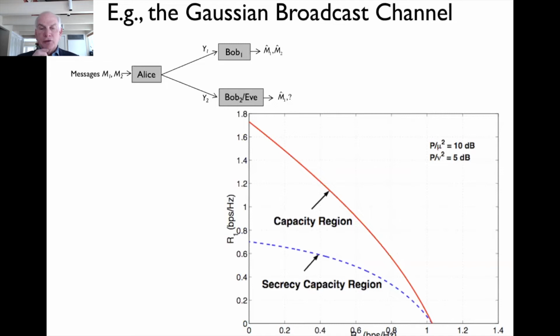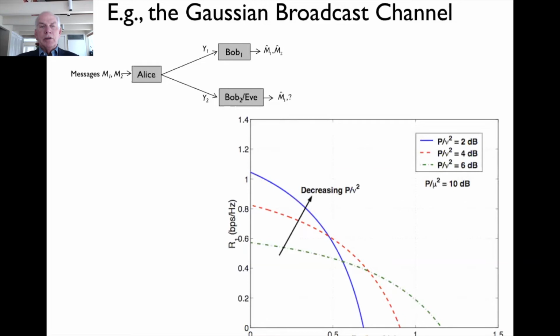Now, that tells us the picture for this particular snapshot of signal-to-noise ratios. Suppose we vary the signal-to-noise ratio of the eavesdropper, keeping the signal-to-noise ratio of the legitimate receiver at the top the same. So the top receiver has a signal-to-noise ratio of 10 dB as before, and now I'm going to vary the signal-to-noise ratio of the secondary receiver from 2 dB to 6 dB, and as it decreases, you can see that we're going up to the upper right in this chart.